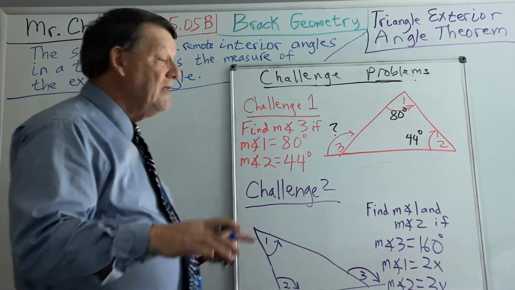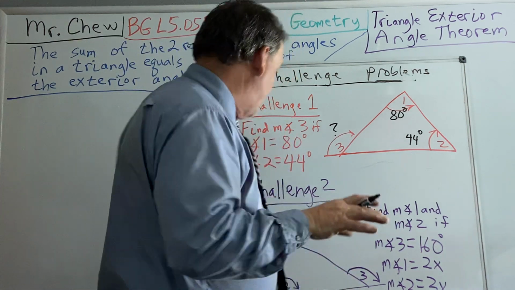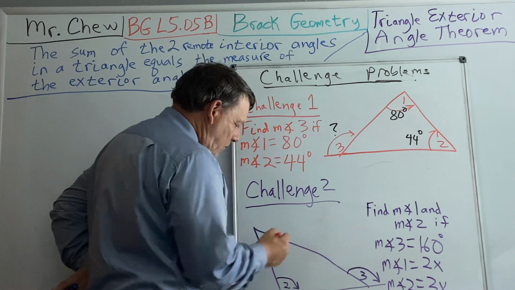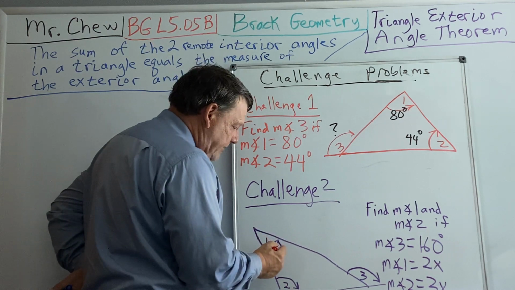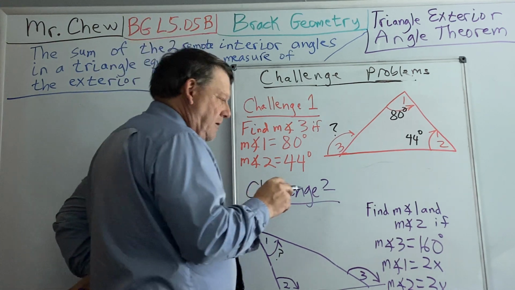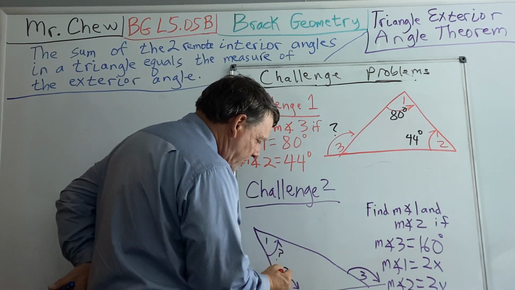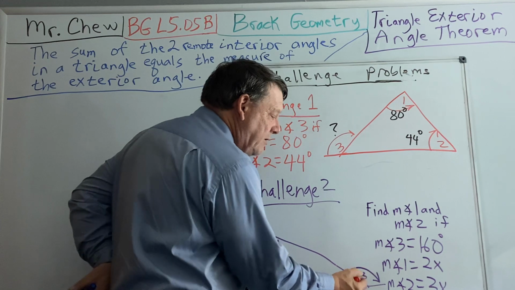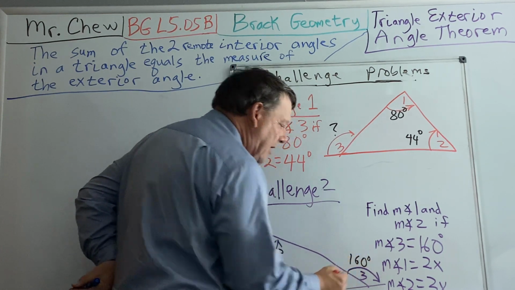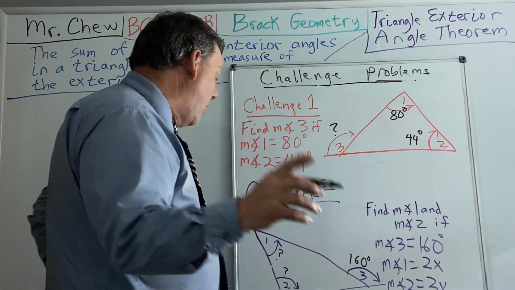Challenge 2, a much more difficult problem. We want to find the measure of angle 1. We don't know what this one is. That's my question mark. I don't know what this one is either. But I do know this one is 160 degrees. Now you're saying, I don't have enough information. No, you don't.